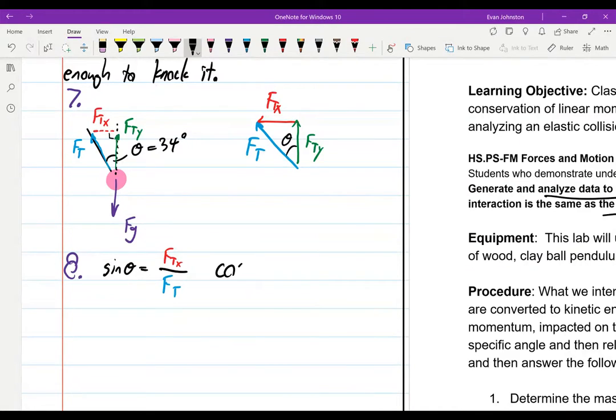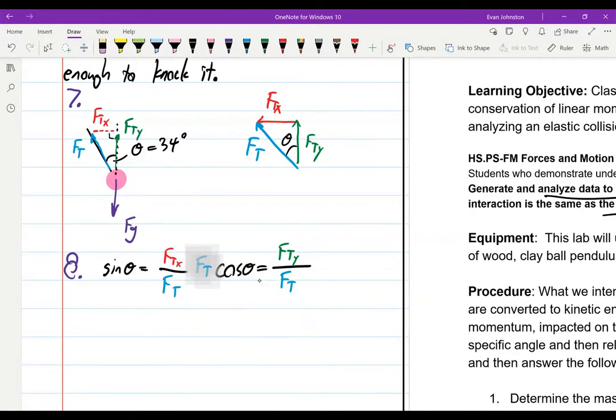Similarly, we could look at cosine of our angle, and we would end up getting here that we have our force tension in the y over force tension total. That's really it. Now, with both of these, if I wanted to get the tension alone, or the y and x's alone, I could just multiply both sides by F_T.